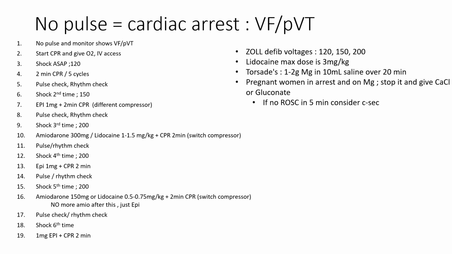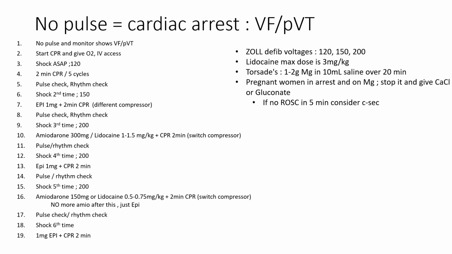Okay, so remember that. You're giving epi and amio. You're switching between the two. You start with epi, then amio, then epi, then amio. Epi remains constant at 1 milligram. Amio on the second time goes to 150, and lidocaine on the second time goes to 0.5 to 0.75 milligrams per kilogram.